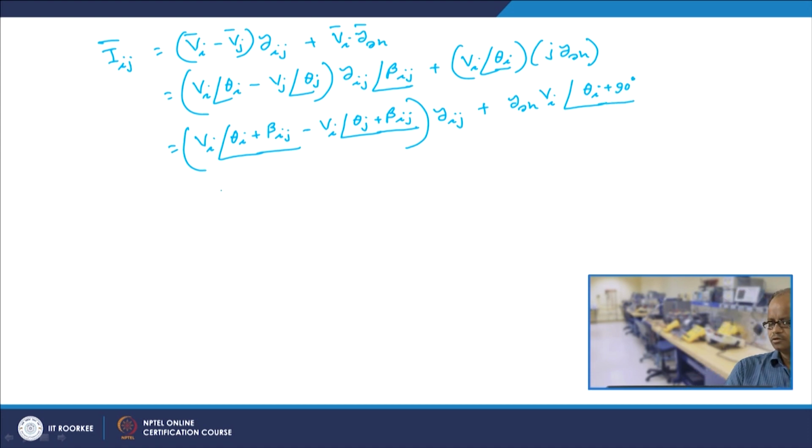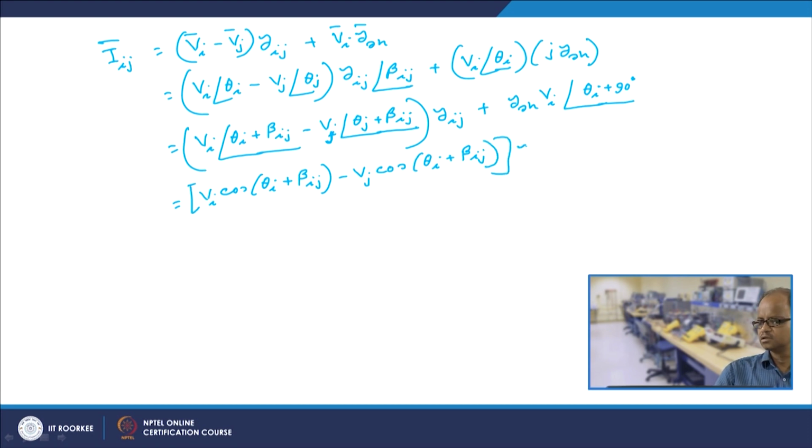So then therefore it would be vi cos theta I plus beta ij minus vj cos theta j plus beta ij, whole of yij, plus j.